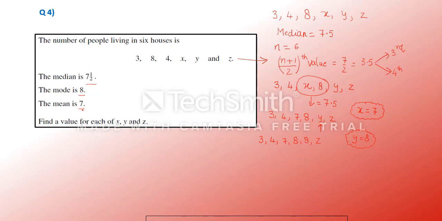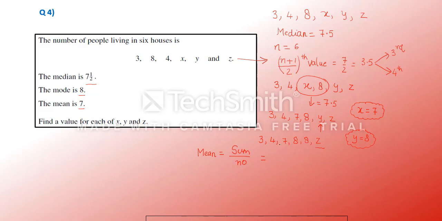The mean is 7. Out of all the data values, we only do not know the value of z, but we know that the mean is 7. We also know the mean of any given data set is equal to the sum of all the values divided by the number of values. This is a concept that you've learned in the earlier lesson also.